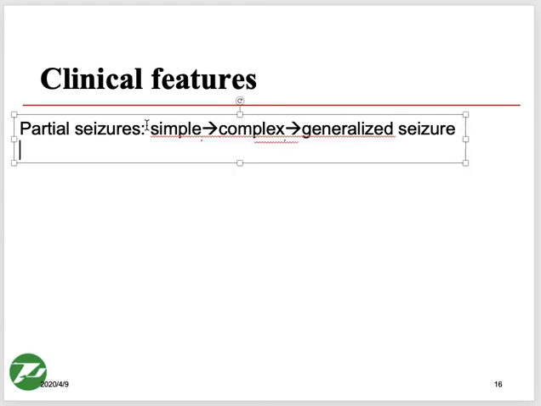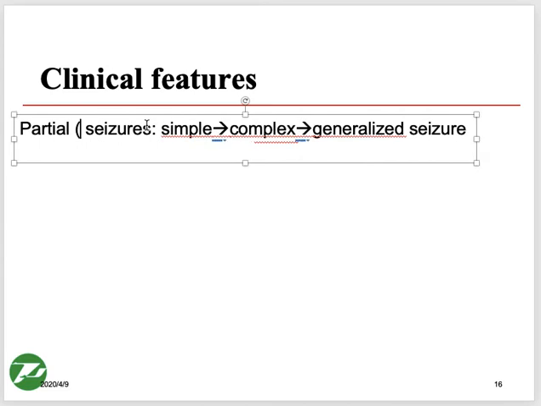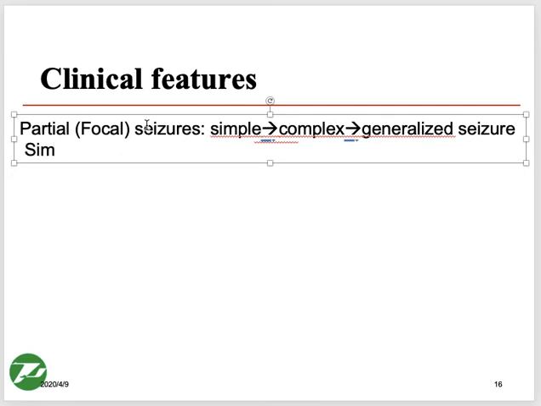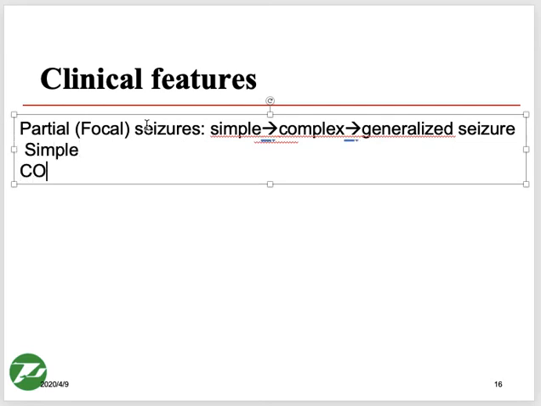So partial seizure, or rather focal seizure. I would write here focal. A focal seizure can be simple, can be complex, right? I think it's a very easy concept, right? There is nothing big science in this one. It could be simple and it could be complex.